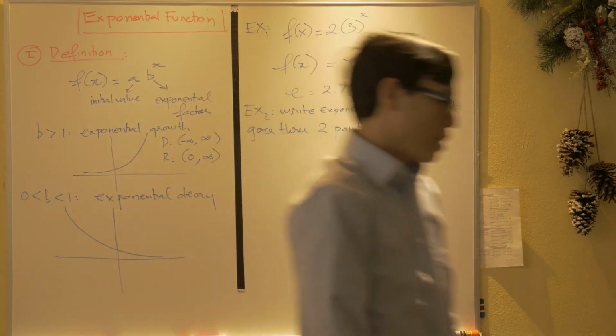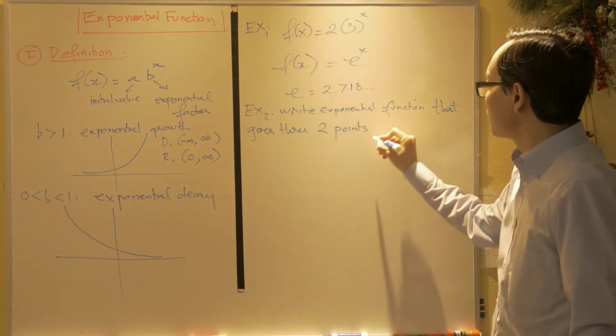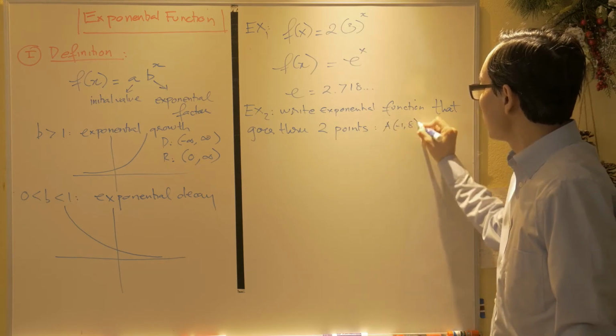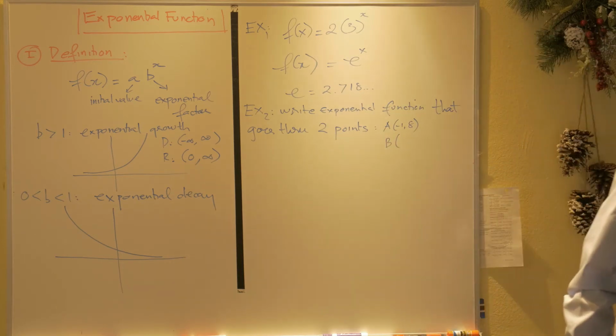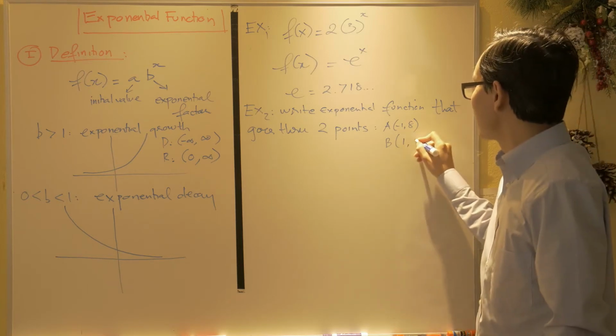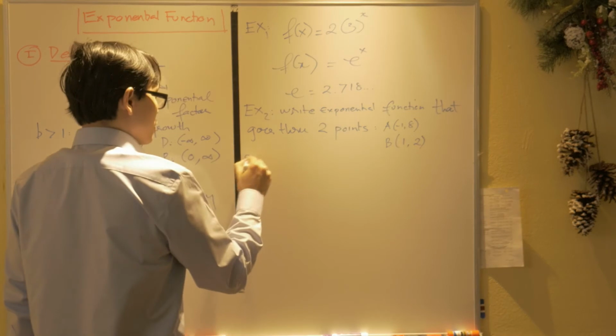The first point, I call it point A, is negative 1 and 8. The second point, I call it point B, is 1 and 2. Solution.